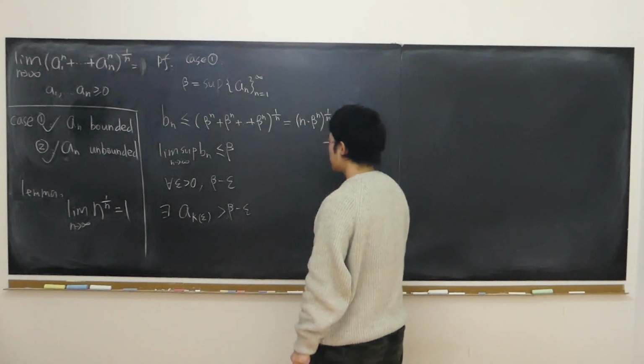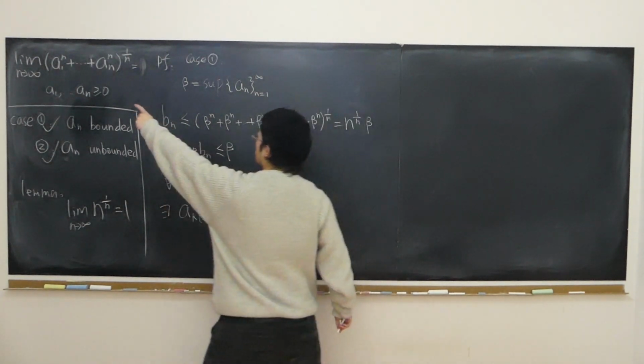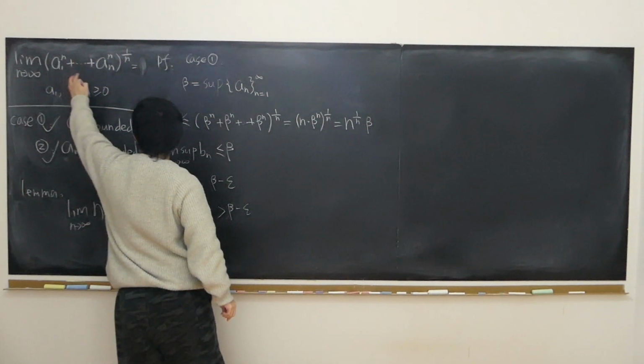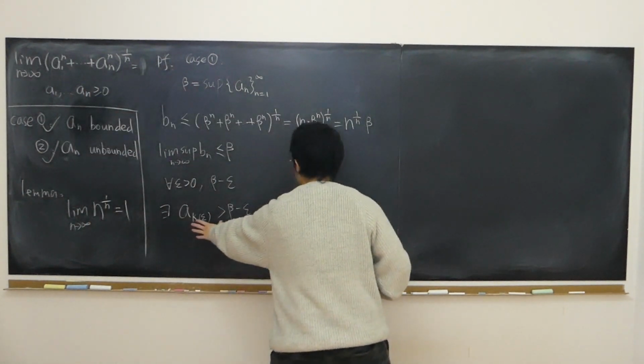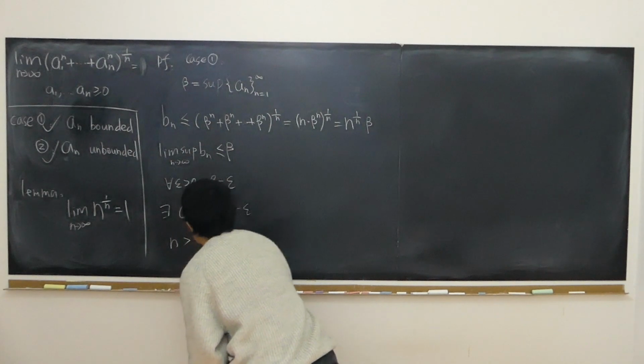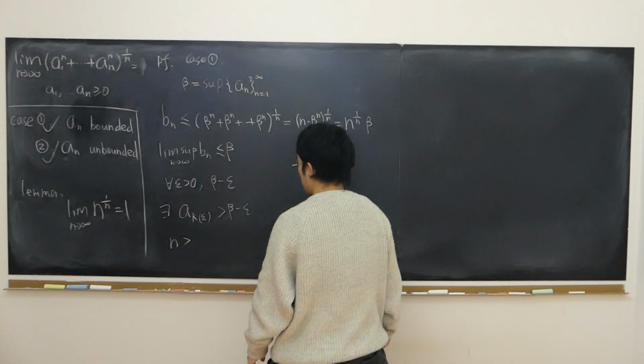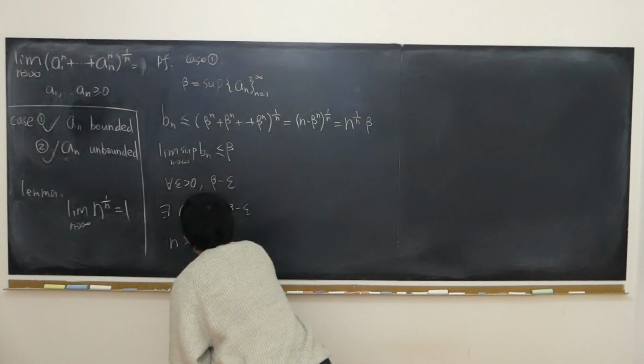Now, I'm going to let n be larger than k of epsilon.